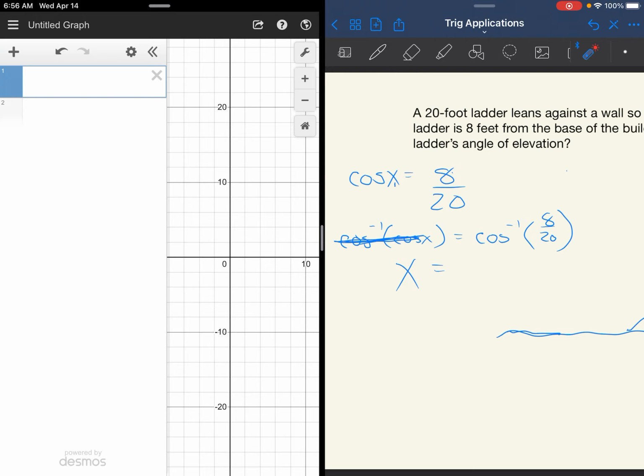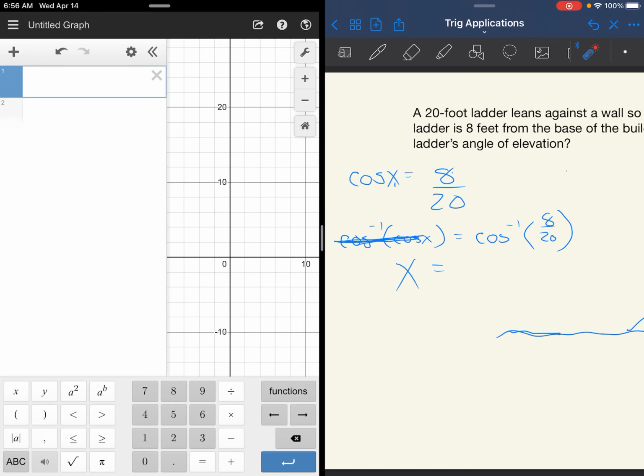Once you change that to degrees, all you do is type in this right here. That will give us our answer, so I'm going to go ahead and type that in. Cosine -1 is going to be under the functions. On your keyboard in Desmos, if you don't see the keyboard, just select the keyboard icon and that keyboard will pop up.